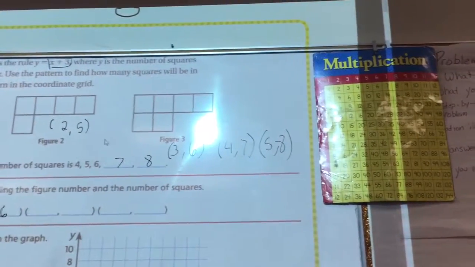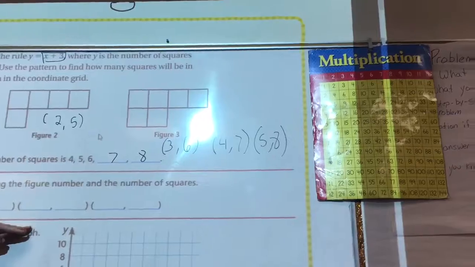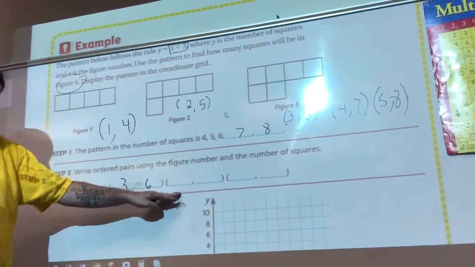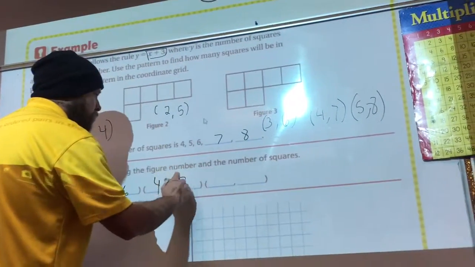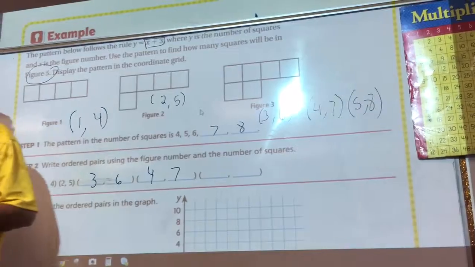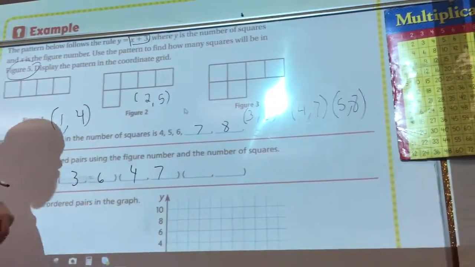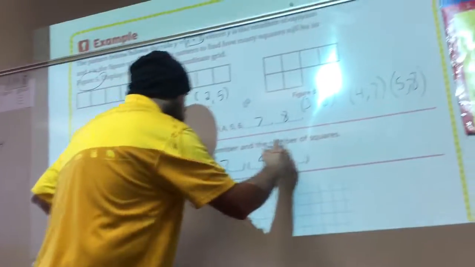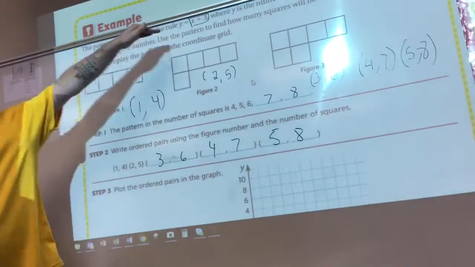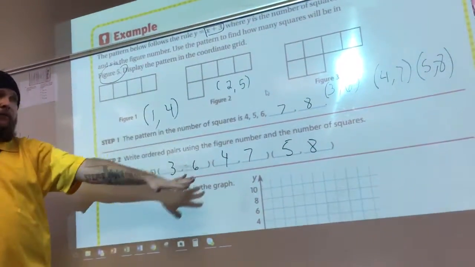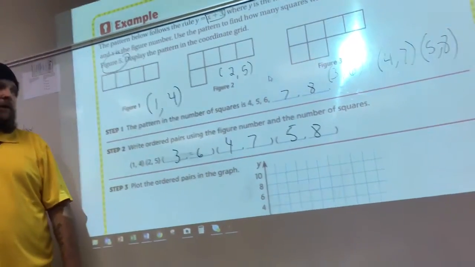The next ordered pair, Nevaeh. Good, 4, 7. The next ordered pair, Ethan. 5, 8. Okay, if you read it, you'd see that you're adding 3, and you'd be able to figure it out very quickly, very easily.